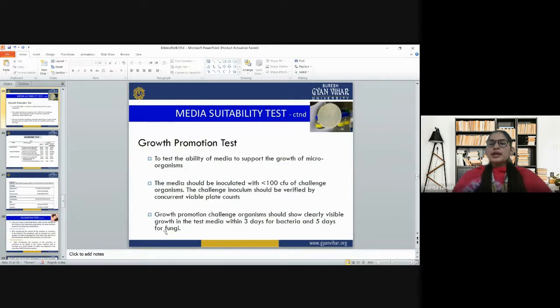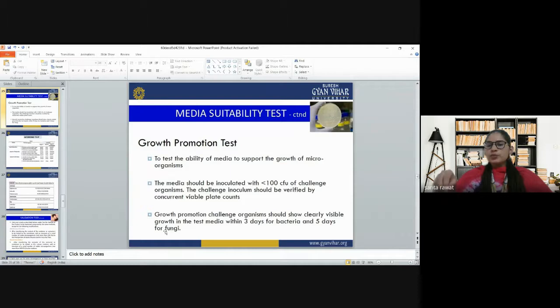Now, the growth promotion test is used to test the ability of the media to support the growth of microorganisms.